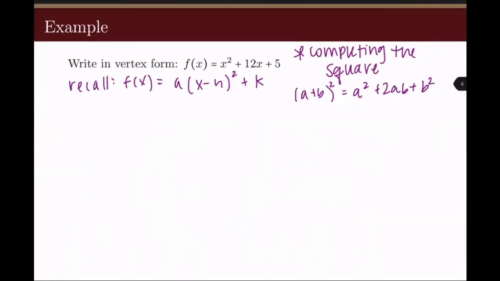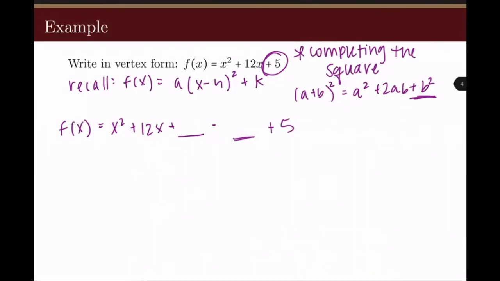So essentially what we're going to do is we're going to say, okay, we have f of x equals x squared plus 12x, and then we're missing 5, square root of 5 is an irrational number. So we don't want that. We want some sort of squared term, like this b squared, to be at the end. So we want to do plus something, and then we also subtract it. That way we're not changing the problem.